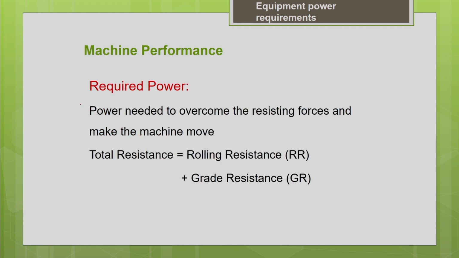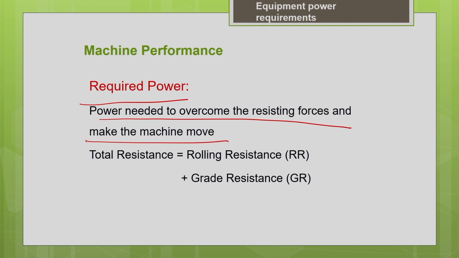So, what is this required power? Generally, it is the power needed by the machine to overcome the resisting forces in the project site and keep the machine moving. You know that every project site is unique. The underfoot conditions differ from site to site. The equipment used in a particular construction project site has to overcome all the resisting forces at the site and keep moving.